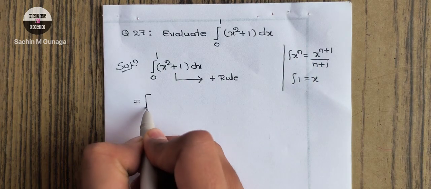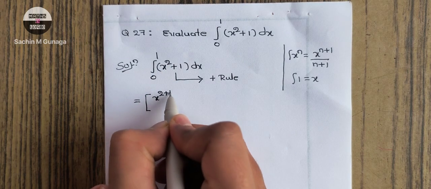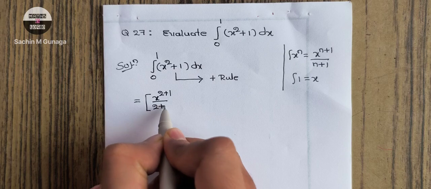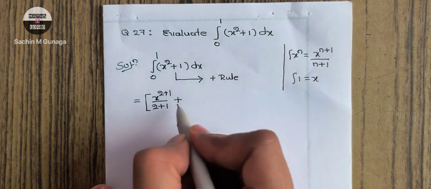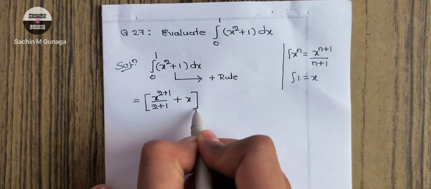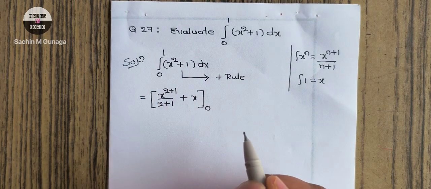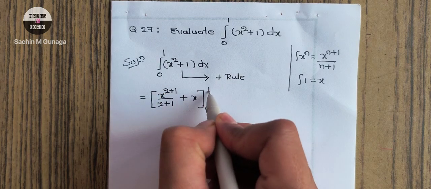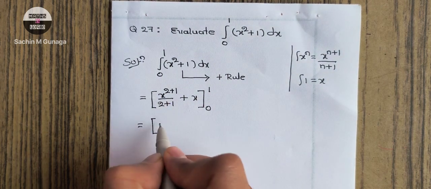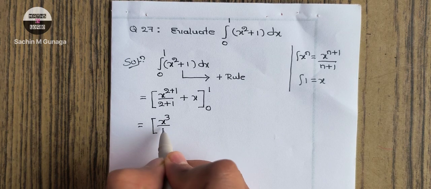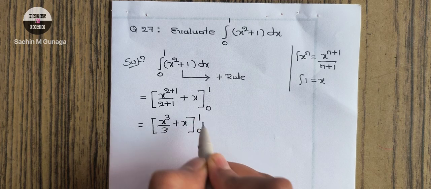Therefore in bracket x square integration is x to the power 2 plus 1 divided by 2 plus 1, plus 1 integration is x. After doing the integration, this lower limit here we need to mention, and this is the upper limit. Next, simplify first. Therefore in bracket this is x cube divided by 3 plus x from 0 to 1.